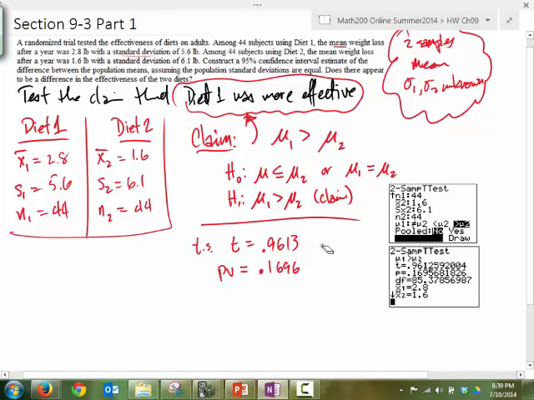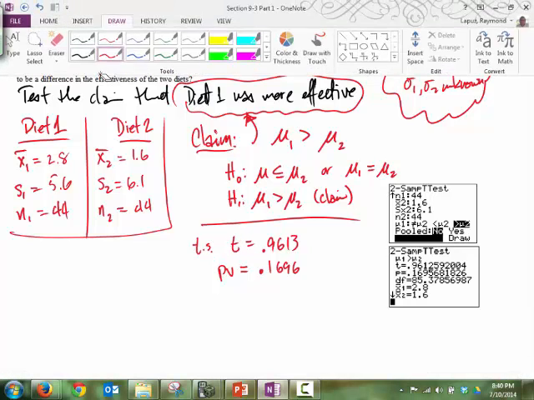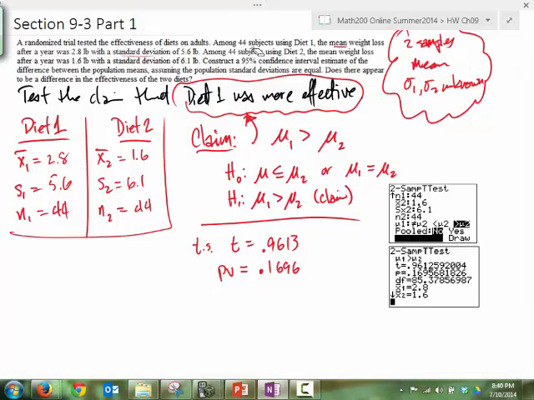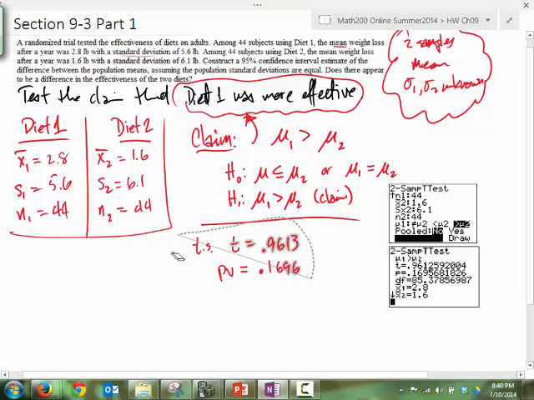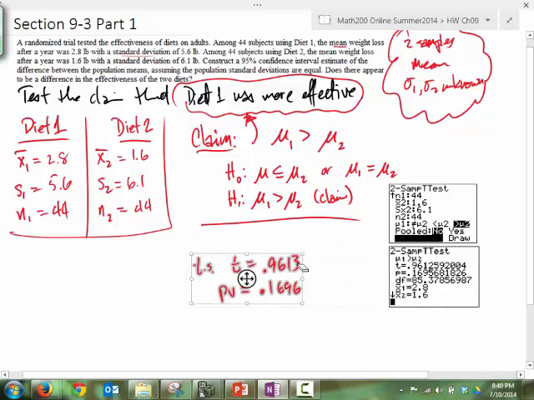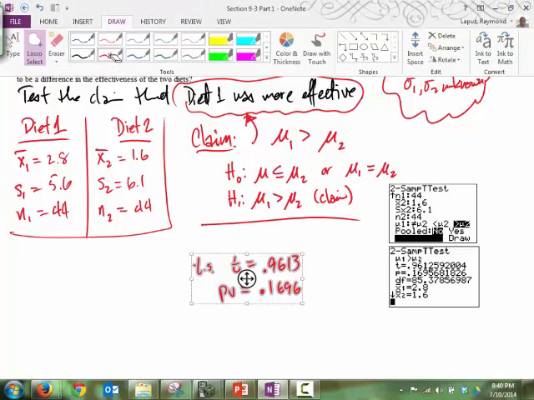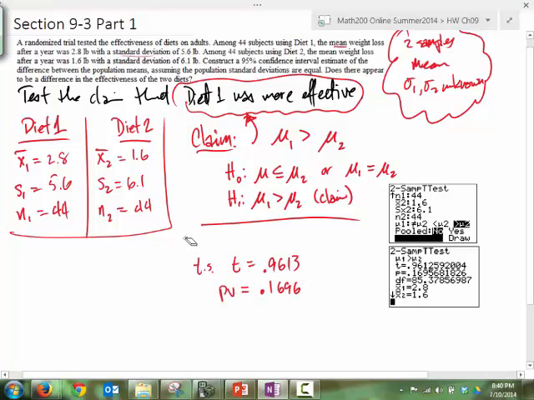And we got this from two-samp t-test. I forgot to write two-samp t-test in the beginning here. Usually just 2 decimal places would be fine because you're going to compare it to 0.05 or whatever your alpha is.